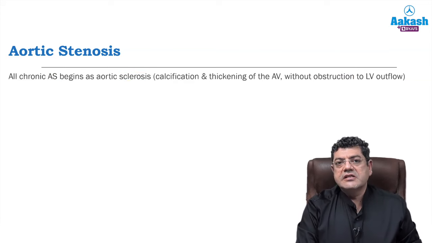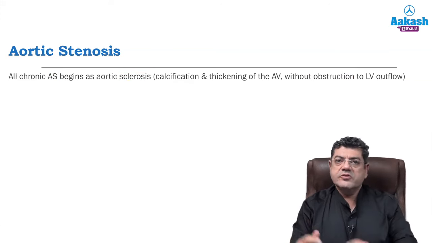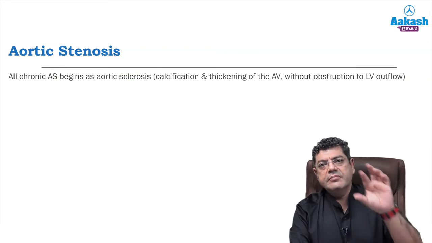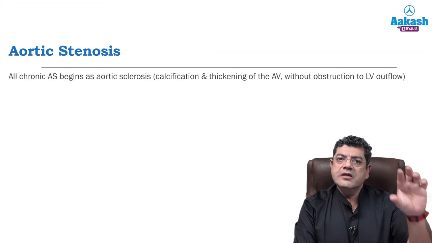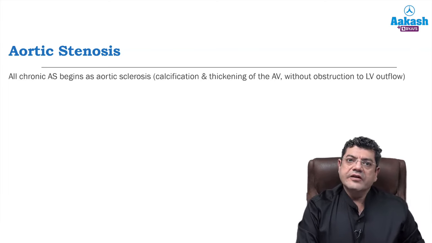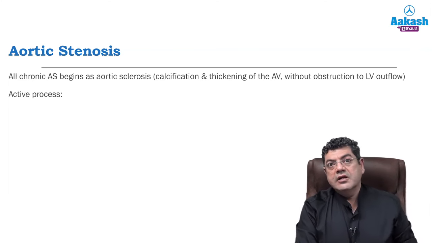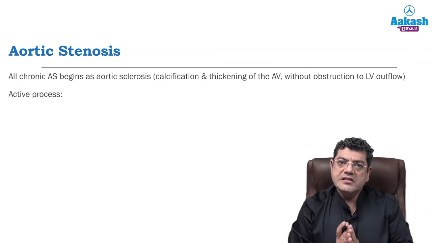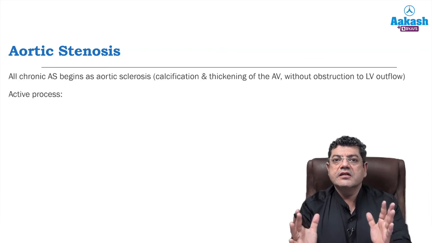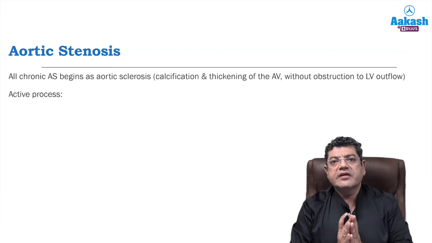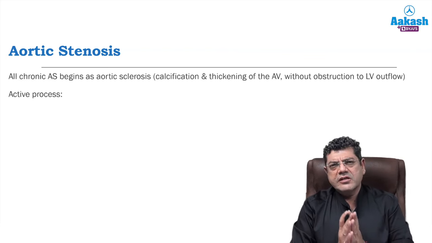But aortic stenosis is not synonymous with aortic sclerosis. You label it as aortic stenosis when there is obstruction to left ventricular outflow, right? So it's an active process. While we said that a degenerative process, a degenerative calcification can cause aortic stenosis.